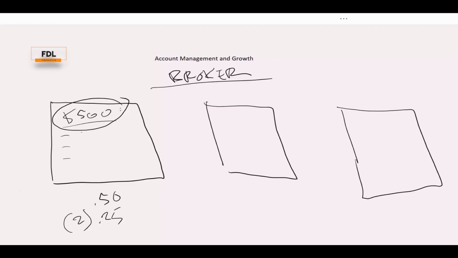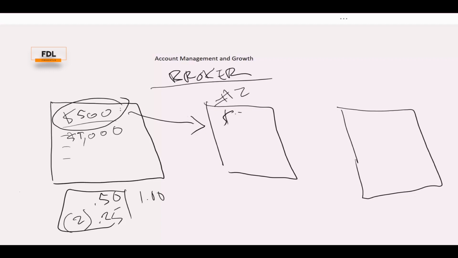So once you double that account and now you have $1,000, be mindful that you can continue to trade with $1,000 and now grow your position to one lot. Or you can create a secondary account and toss $500 into that secondary account.